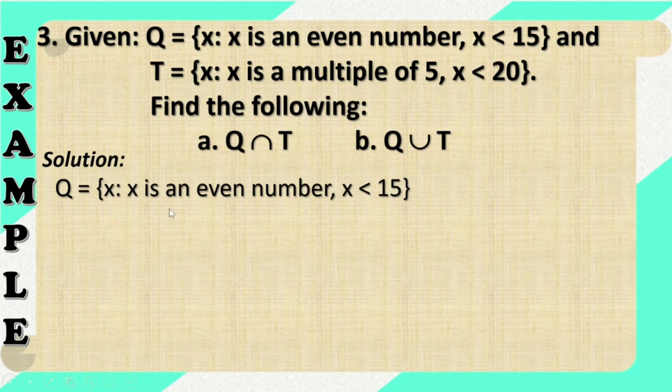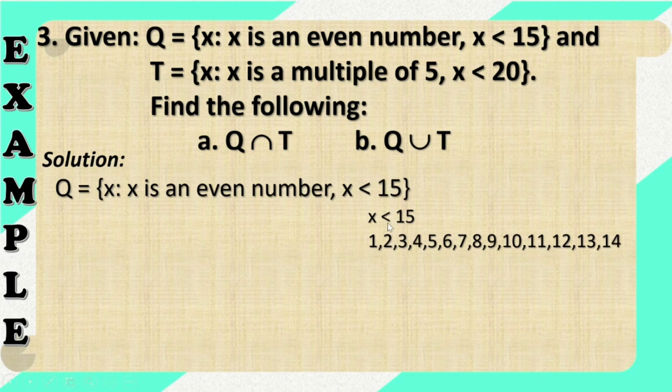For letter A, we have to list first the numbers less than 15. So, we have 1, 2, up to 14. So we are going to get the even numbers x less than 15. So we have 2, 4, 6, 8, 10, 12, and 14.